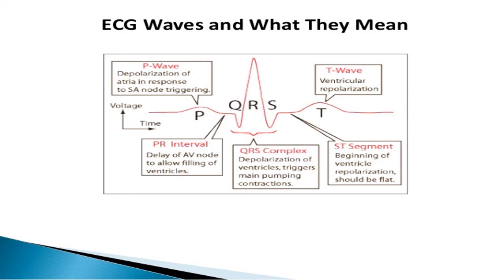The PR interval is the delay at the AV node to allow filling of the ventricles. The QRS complex is depolarization of the ventricles, which triggers the main pumping contractions. The ST segment is the beginning of ventricular repolarization, and it will be flat. The T wave is caused by ventricular repolarization, that is relaxation of the ventricles.